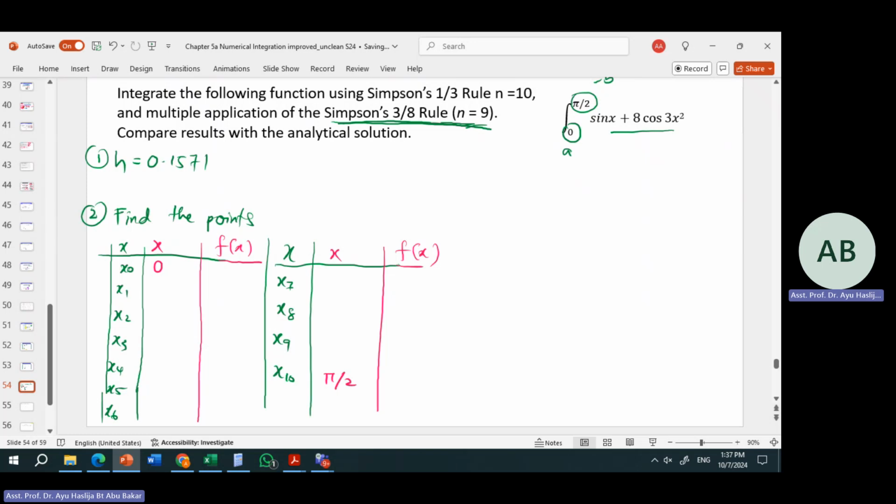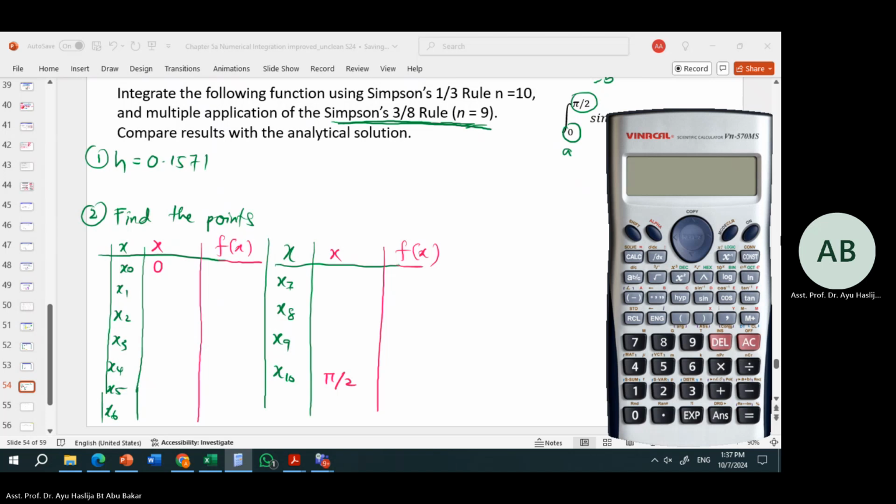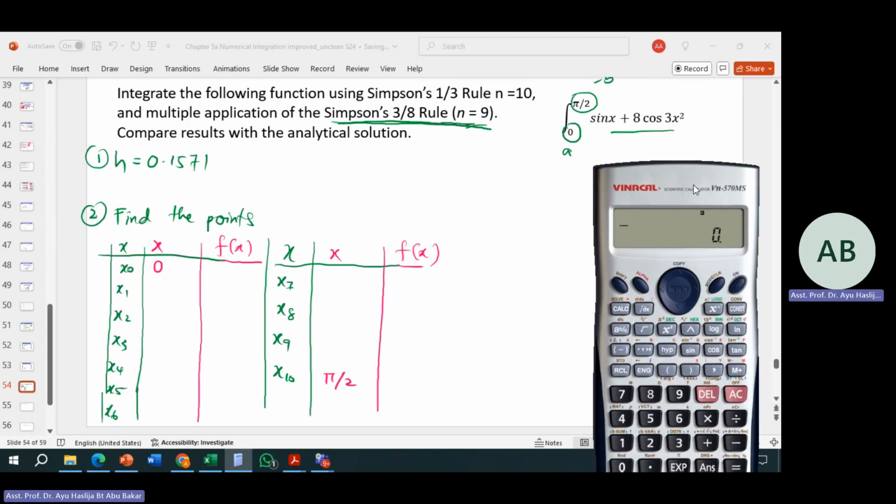0.174. What mode did you use? Radian mode. The rest get what? Same, 0.174. Okay, let's see. Sorry?